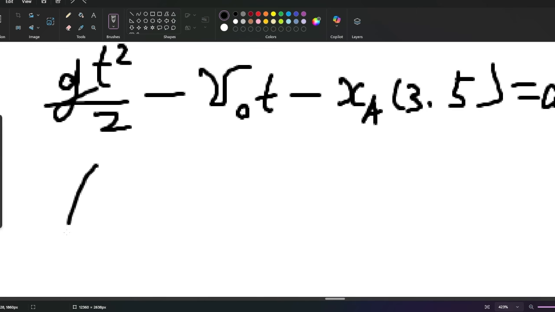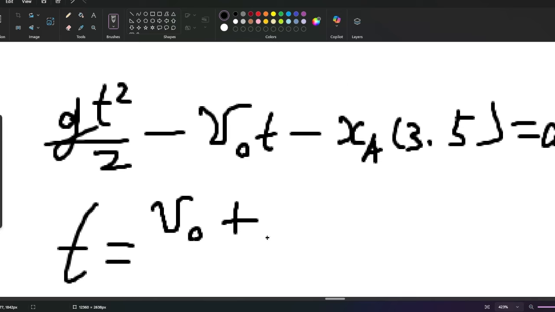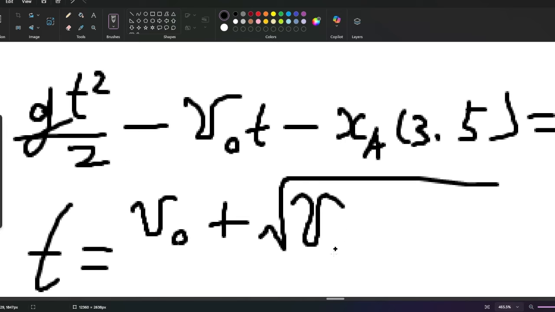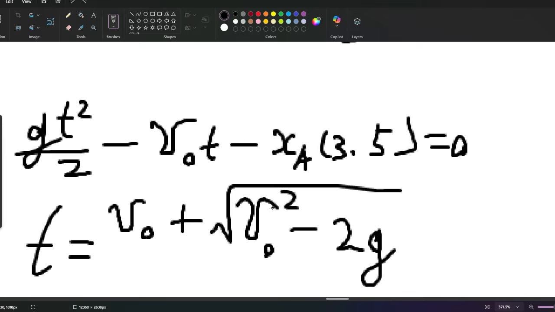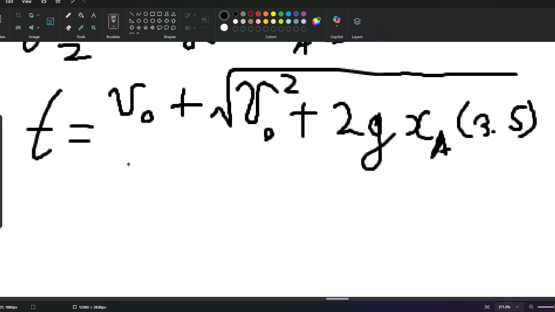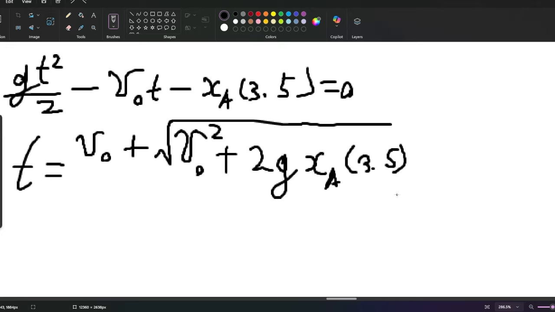So we only look for the positive one. So t is going to be equal to v0 plus the square root of v0 squared plus 2g times xA at 3.5, and we divide all of that by g over 2. Okay, no, let's just multiply this by 2 over g.